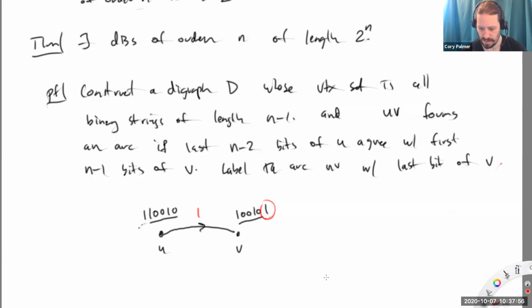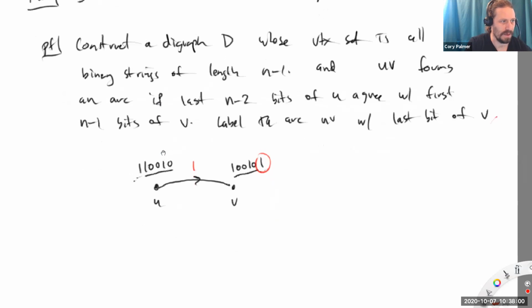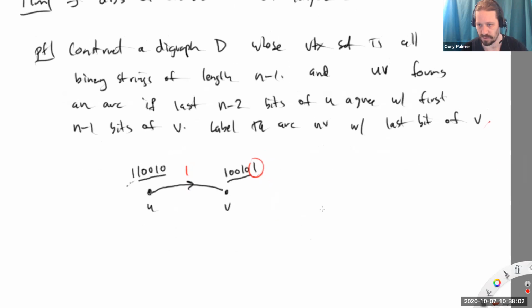It does take up a little bit of time, but maybe I'll just hand wave the end of the proof, although it's actually easy to see at the end and nice to think about. But I want to draw what this graph actually looks like for n equals 4, because it's totally cool.